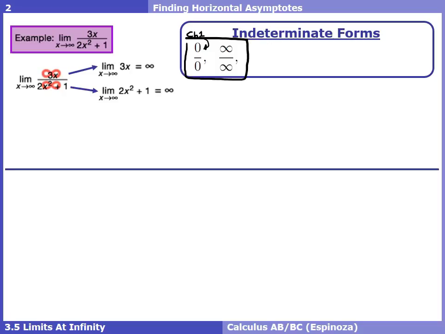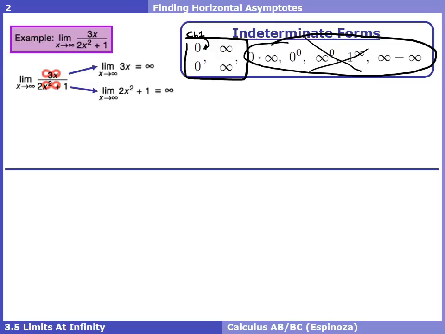Once we know that, we just need to apply the idea of doing more work, which we'll get into in a second. If you're just curious, this is totally for your own reference, there actually are other indeterminate forms, but we're not going to look at those. I just wanted to give you the list to be complete. But ultimately, we're just going to focus on the 0 over 0 indeterminate form and the infinity over infinity indeterminate form.